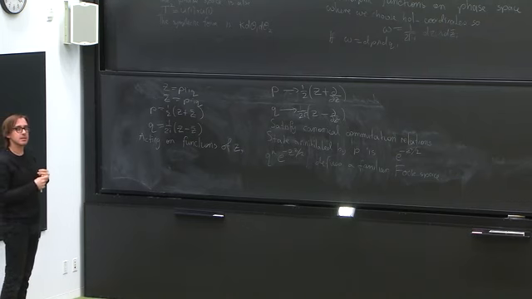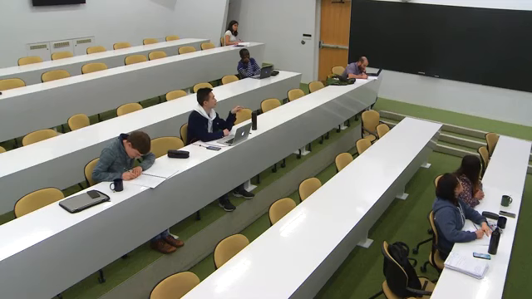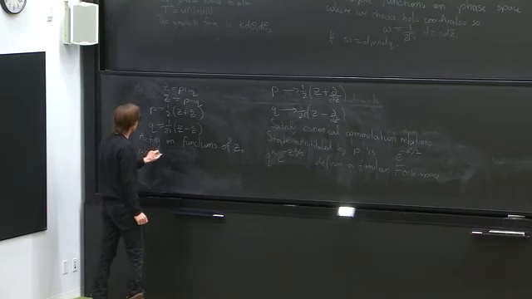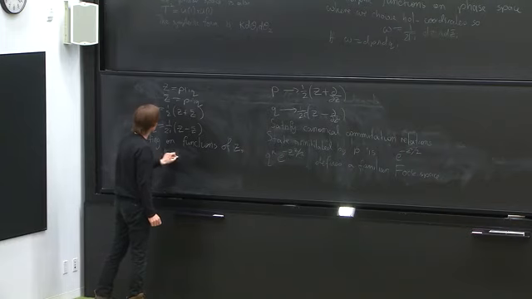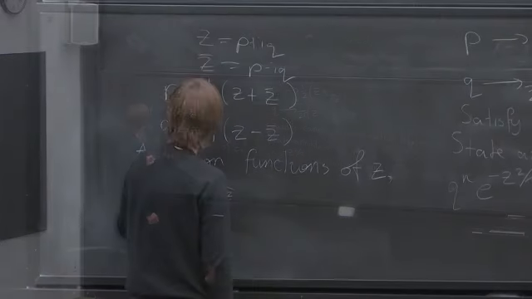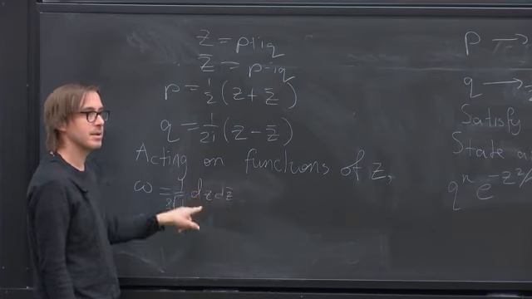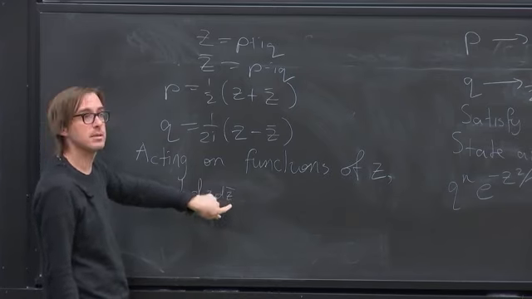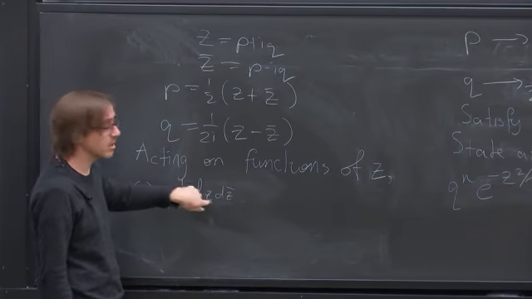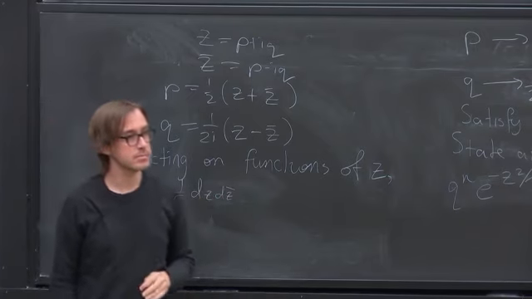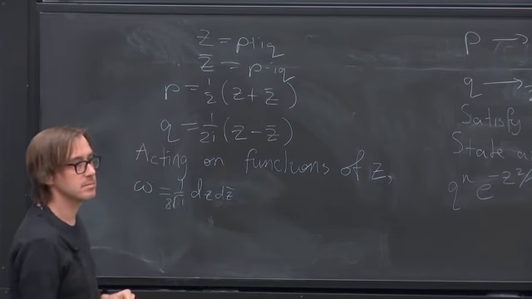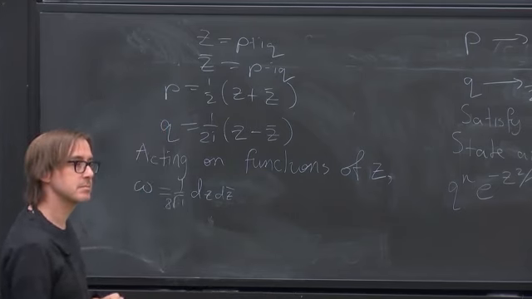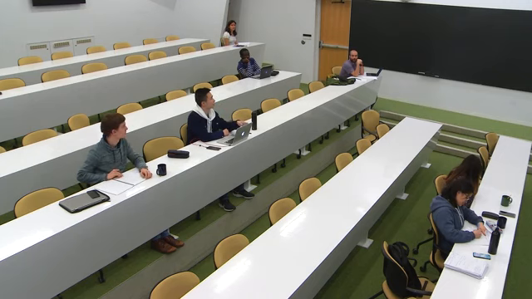Sorry, why do you say that partial z is equivalent to z bar? Because the symplectic form is dz ∧ dz bar, so it looks like dp dq in these coordinates. So when we do canonical quantization, z and z bar are canonically conjugate. Yeah, but when acting on any holomorphic function of z, is it equivalent?